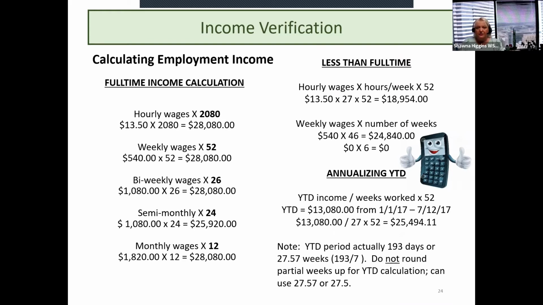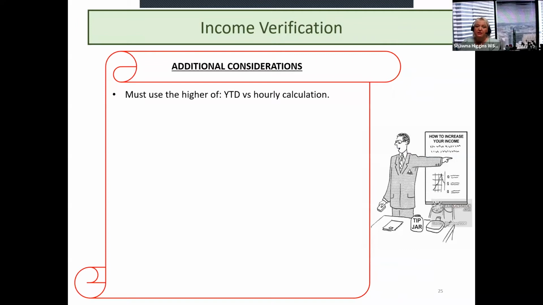So you would obviously use the higher of. If it's a big difference between the two, you'll definitely want to find out why, because that's going to be our first question. Why is there such a big difference? Was there tips included in the year to date and it wasn't included in the other? Because they should be pretty close.